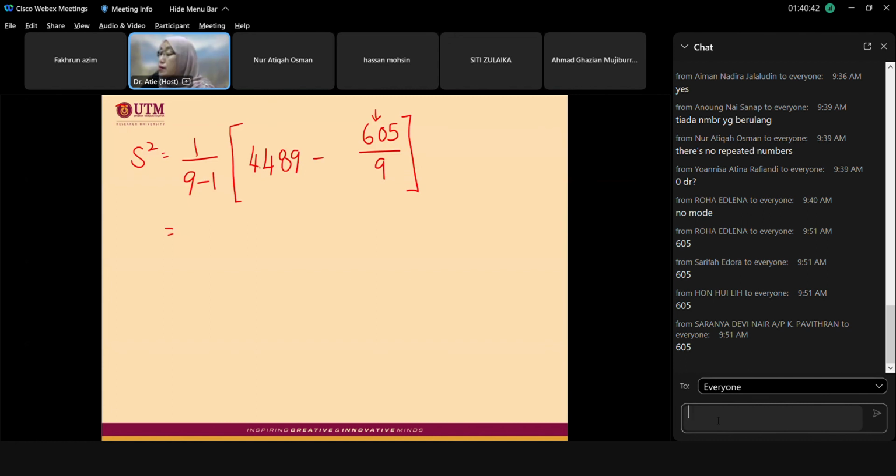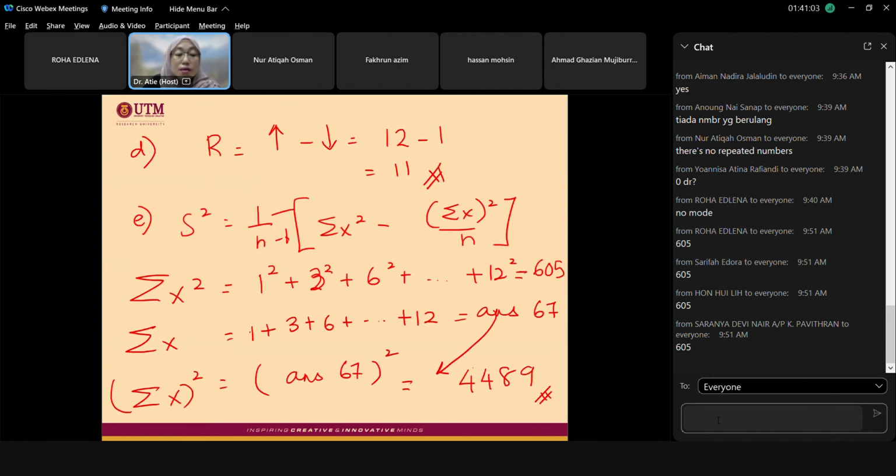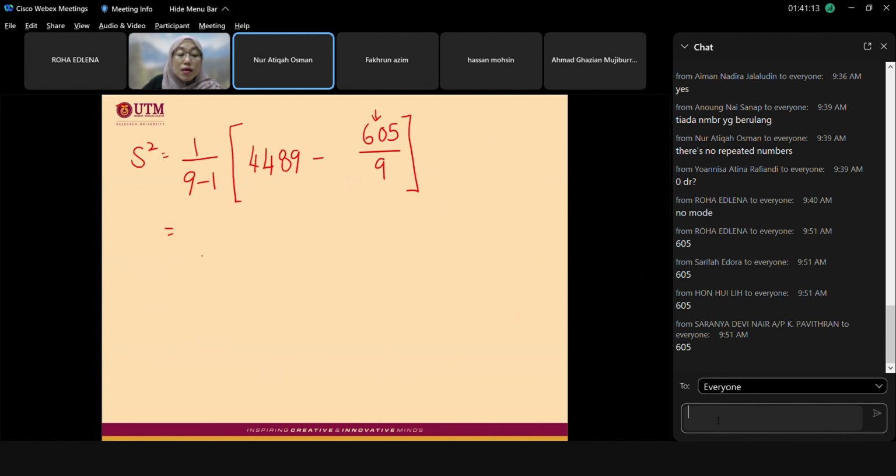Okay, Sabrina, can you please give me the answer? Doctor, sorry, but I think the position of 4489 and 605 is reversed. Yeah, it's the other way. Okay, let me see. I think it's correct. But the 4489 is the bracket squared, right? Then it means 4489 should be where 605 is.